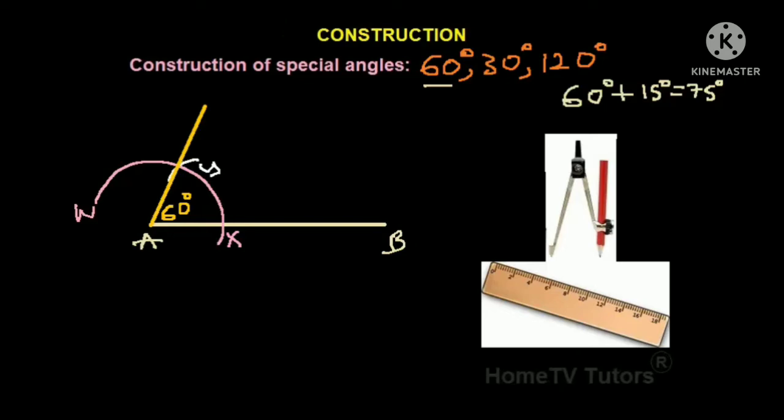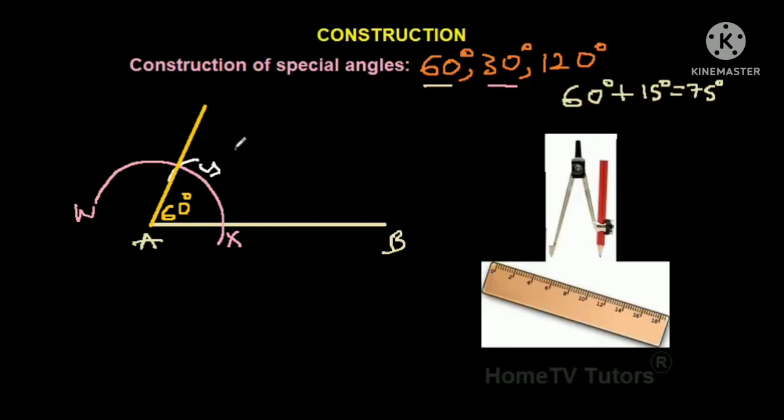Okay, good. So now we want to create 30 degrees. 30 degrees is half of 60 degrees, so we need to bisect the angle 60 degrees. With the same radius, don't change the radius, you come to the center point X, then you draw an arc.